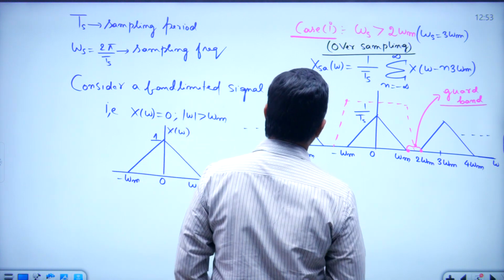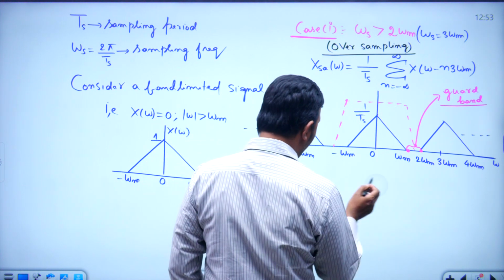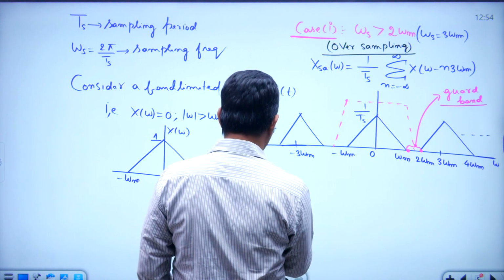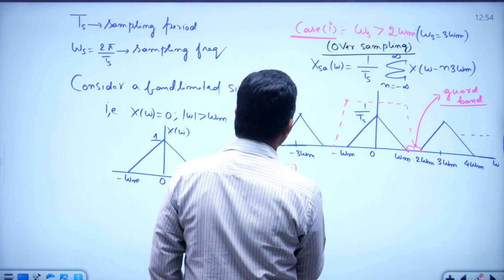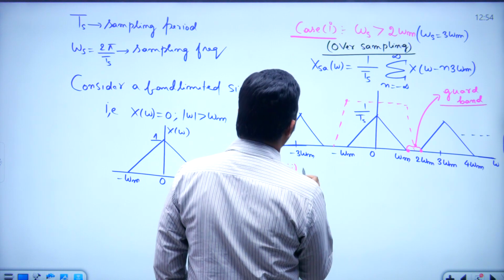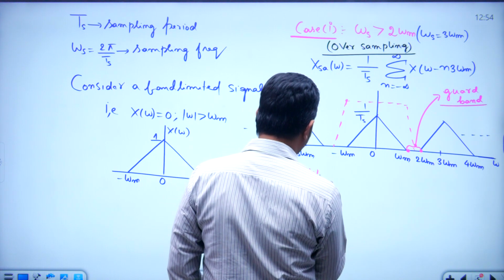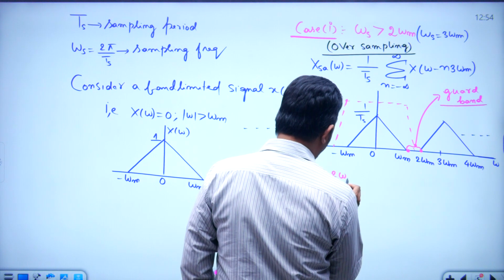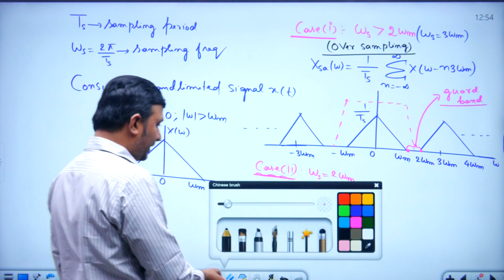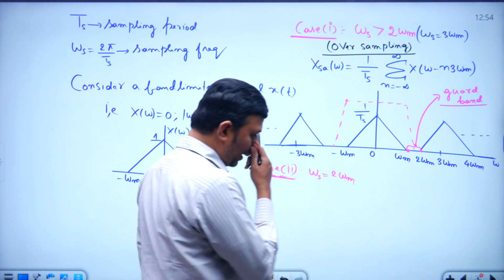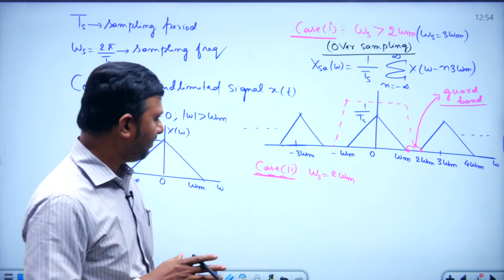Now let us examine case 2, where omega s is equal to 2 omega m. We will see whether we can reconstruct or not. Now the process is the same.